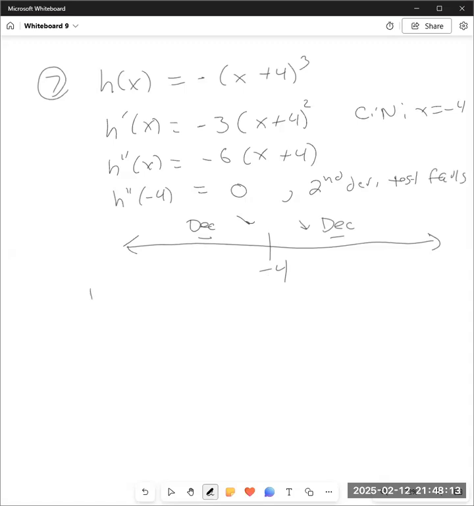Then I have no local extrema. And that's that. Move on to number 9.